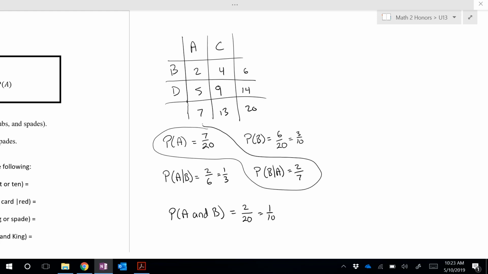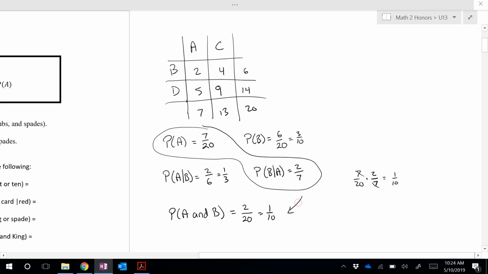We get 7 over 20 times 2 over 7, which is 2 over 20, which is 1 over 10, huh?